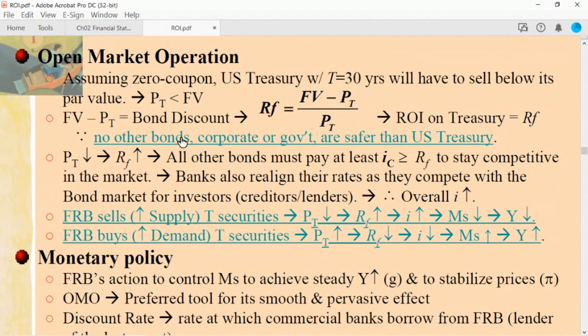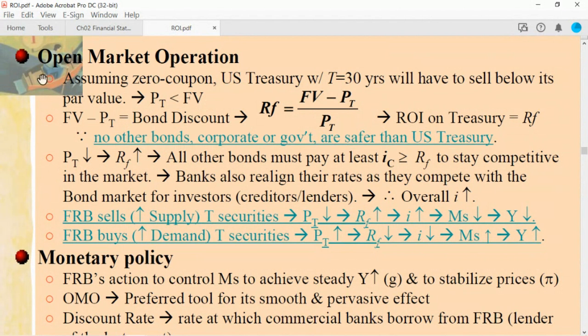That's if you hold it. Think about it. At time zero, face value minus selling price is called bond discount. But at time 30, at maturity, FV minus PT is capital gains.